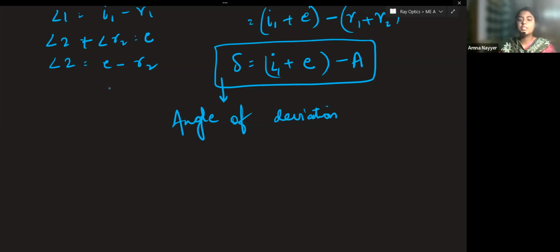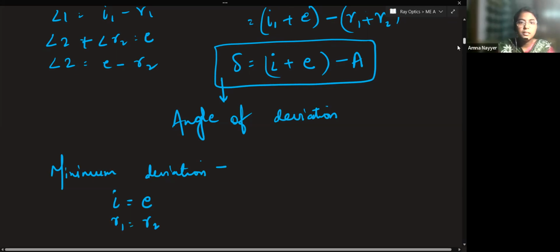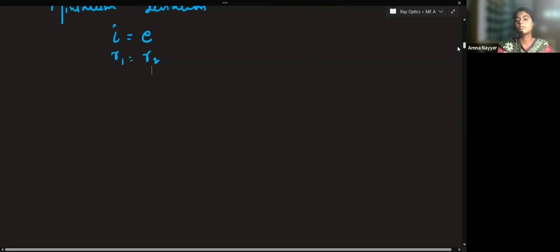Now, if you talk specifically about minimum deviation, see, for minimum deviation your angle of incidence becomes equal to angle of emergence, and both the angles of refraction become equal to each other. These are the conditions present when you are solving.